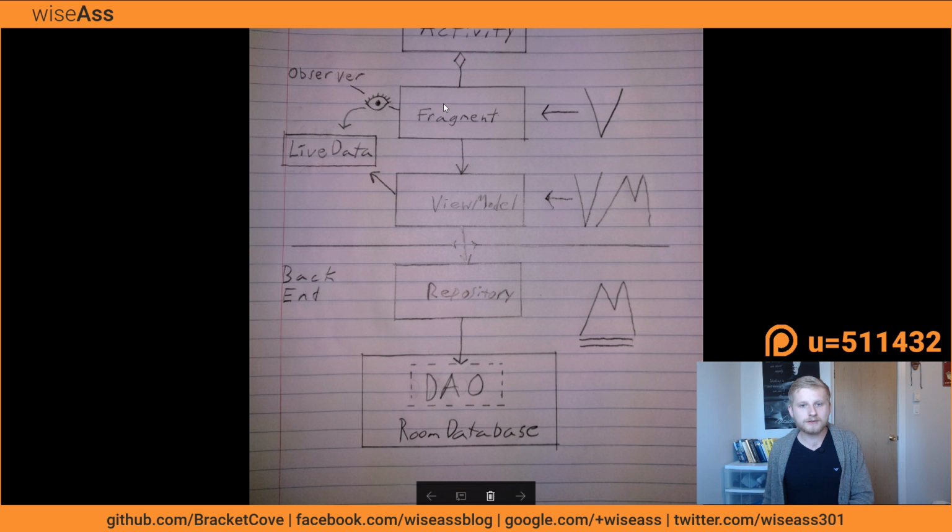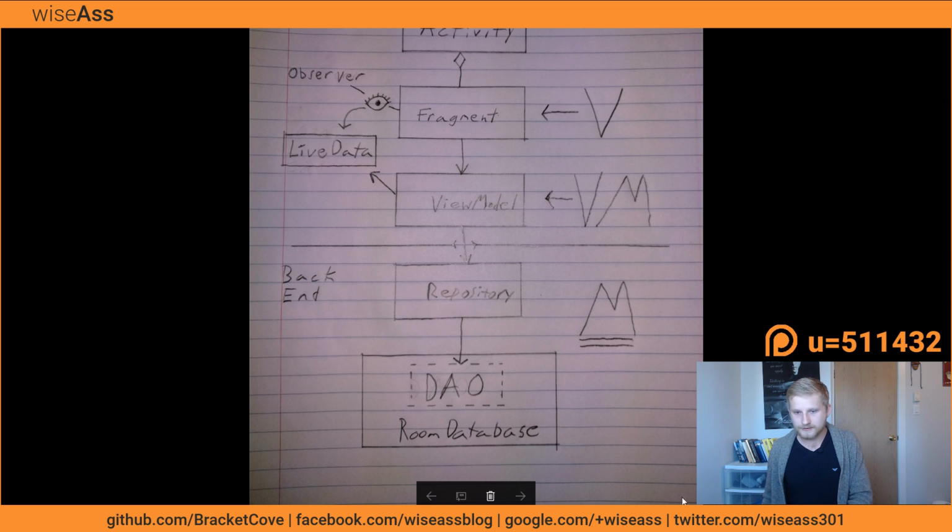Whereas how Model View View Model works, in a nutshell, is the fragment talks to the view model. It can send messages there, but the view model just updates this live data object, and the fragment just observes the live data. So there's no reference from the view model to the view directly. And that is all that Model View View Model is. That's how it's different. It's just a single dependency in essence.